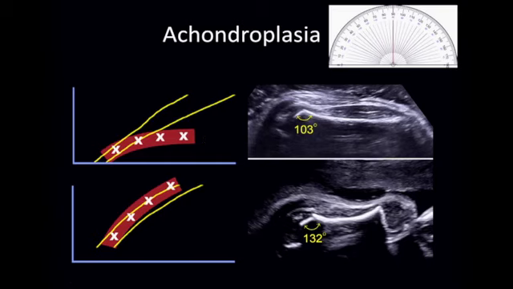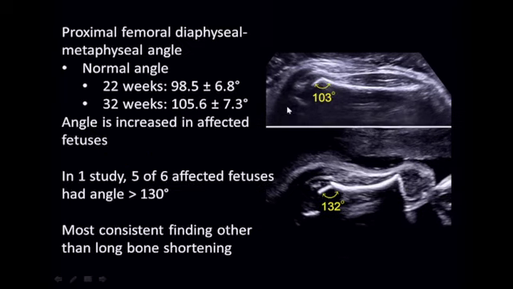So if you're seeing this and you're seeing short femurs, you can look at the femur in a slightly different way. When we train, we're all very clear that you must measure your bones from here to here and not look at anything beyond the diaphysis. But in fact, if you look at this little angle here, it's called the proximal femoral diaphyseal metaphyseal angle. And you can measure that, and it's been demonstrated that in achondroplastic fetuses, this angle is increased.